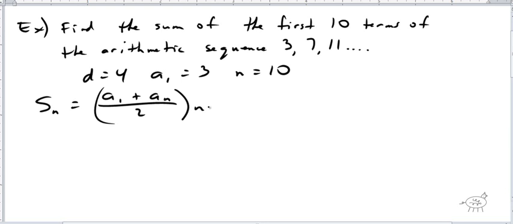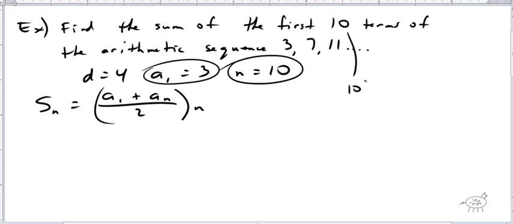I'm given a sub 1, which is perfect, and n is 10. The only thing I don't know is a sub n. Well, a sub n is the last term, or the 10th term. So before I can find the sum, I need the first term and the last term. So I got to find the last term, a sub 10.